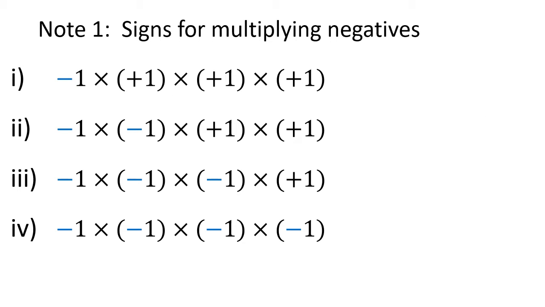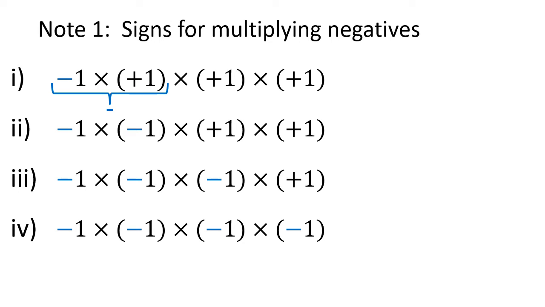Let's see the signs for multiplying negatives. The first question is -1 times +1 times +1 times +1. Since there are only multiplications, we can find the sign first. -1 times +1 is negative times positive, which is negative.